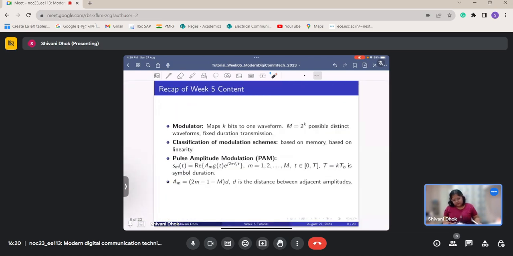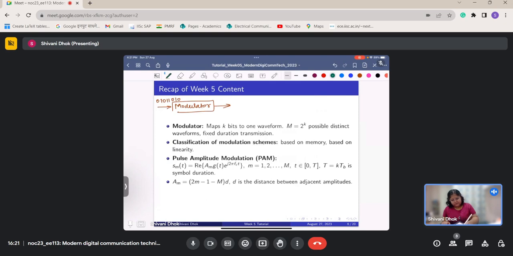After doing this, the digital modulation was started, and for digital modulation it was said that it maps k bits to one waveform. So basically after the encoder we have this modulator block. The input to this modulator is a bit stream.